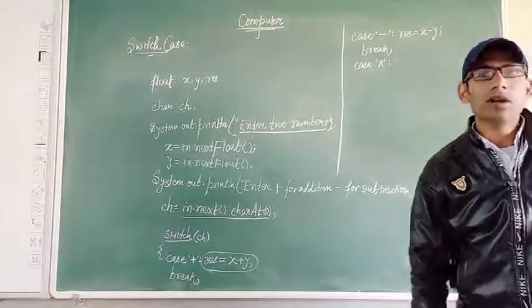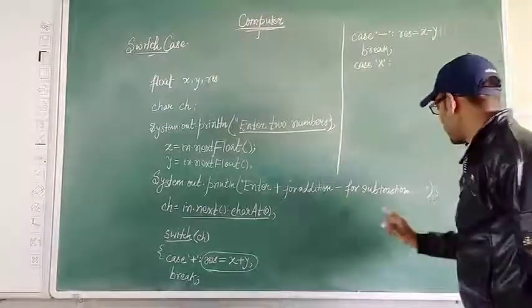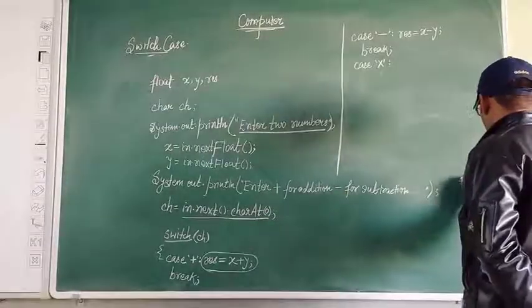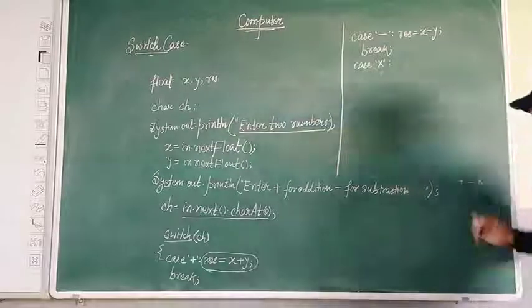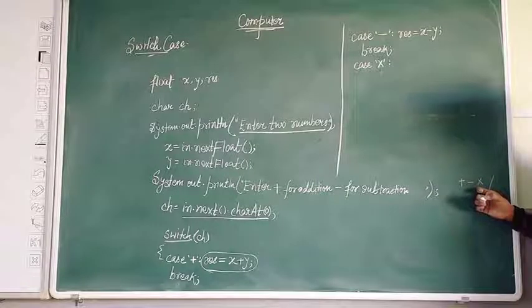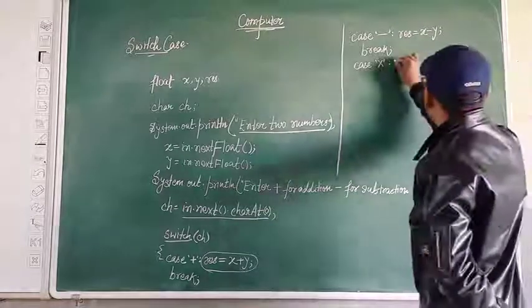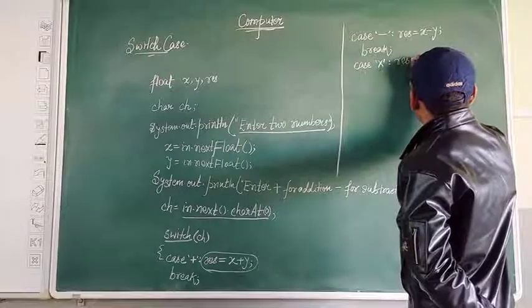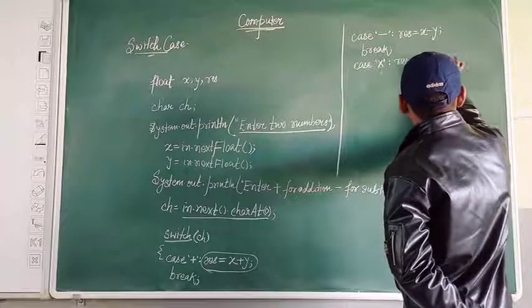Why? Because as soon as the plus, minus, multiplication and division signs are displayed, the user will put forward which sign? The X sign, right? So after that, result is equal to x asterisk y.